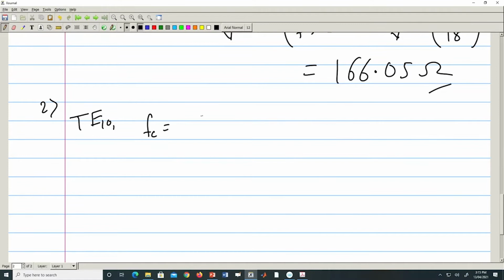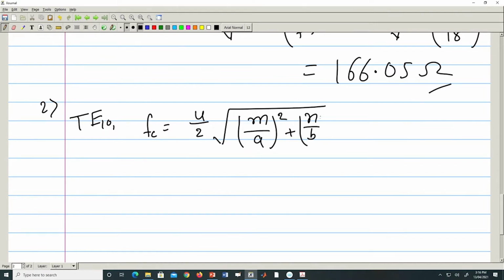Because n is 0, we can write this as u m by 2a. We can write it like this, u m by 2a, and m is 1. So, it will be u by 2a, and for this case u will be 1 by the square root of mu epsilon, and we can write mu epsilon as mu naught mu r epsilon naught epsilon r.